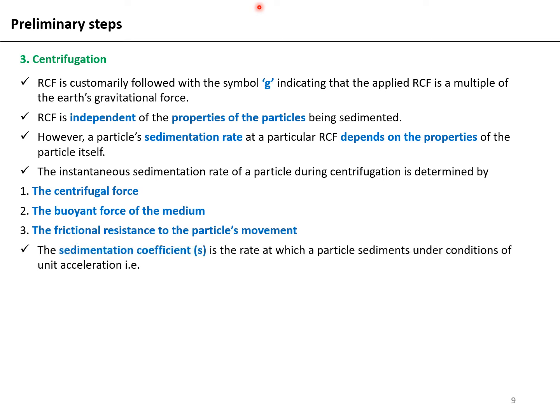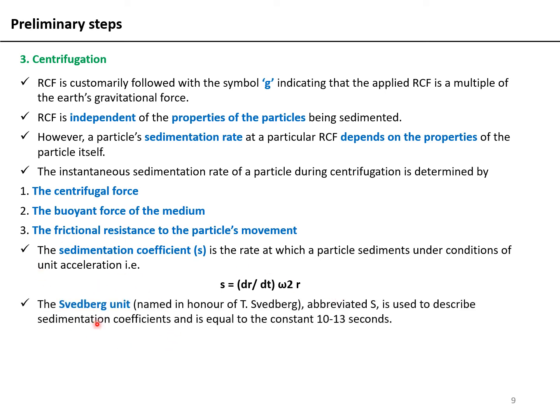So these are all points that we have already covered two slides back. The sedimentation coefficient, or S, is the rate at which a particle sediments under conditions of unit acceleration, that is S is dr/dt over omega square r.